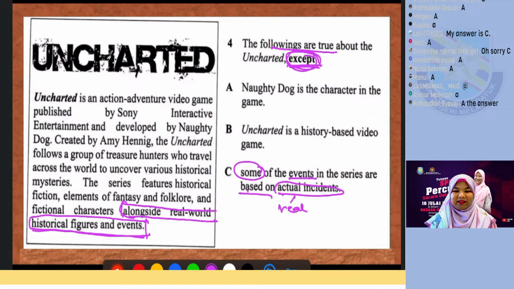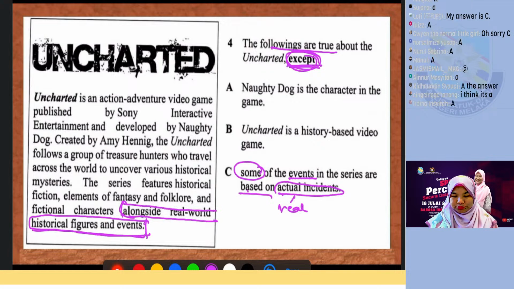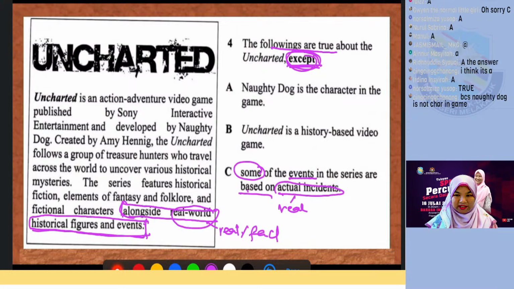It means that there are some real historical figures and events in the series. Maksudnya dalam siri Uncharted tu, ada watak bersejarah dan peristiwa bersejarah yang sebenar. Real world means facts based on true stories. So C is true to the text, so this cannot be the answer because the question asks you to find the except. So C is not the option.